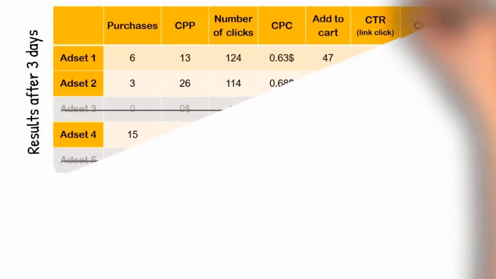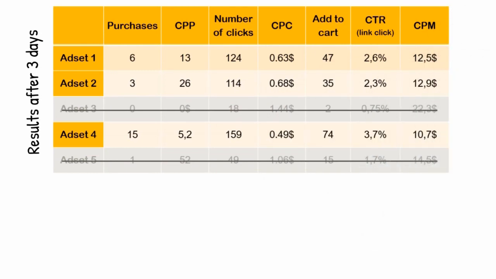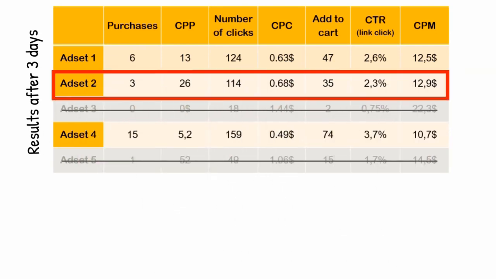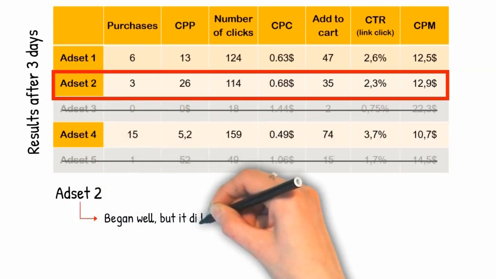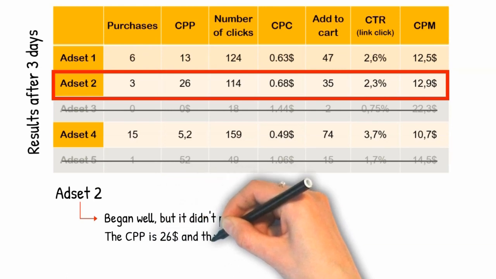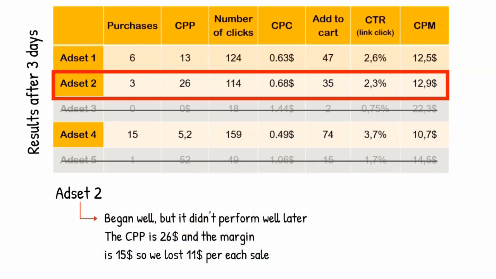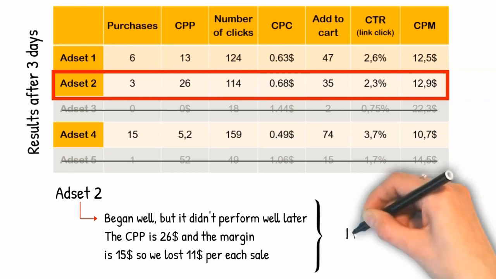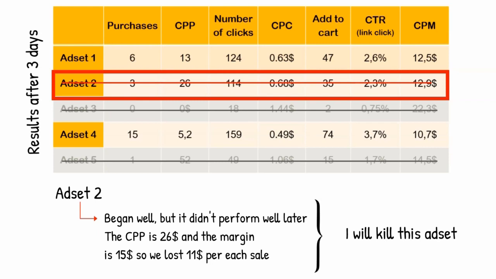Let's analyze now the results after 3 days. So after 3 days with these ad sets, we have seen that ad set 2 began well, but it didn't perform well later. The CPP is $26 and the margin is $15. So we have lost $11 per each sale. I will definitely kill this ad set.